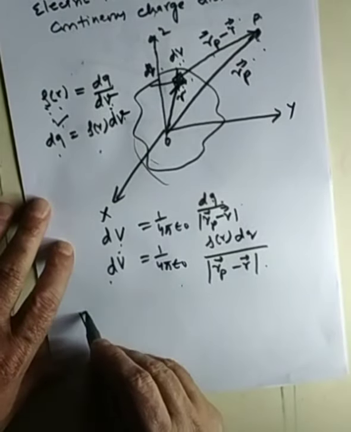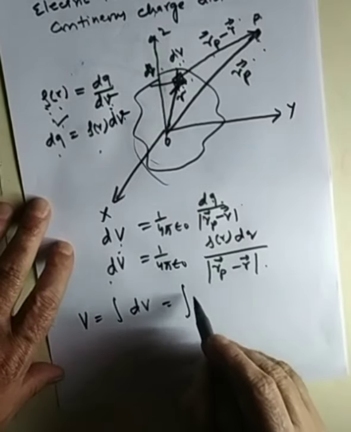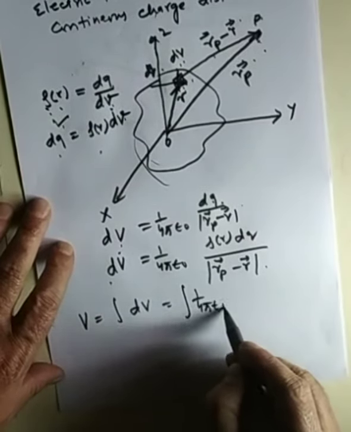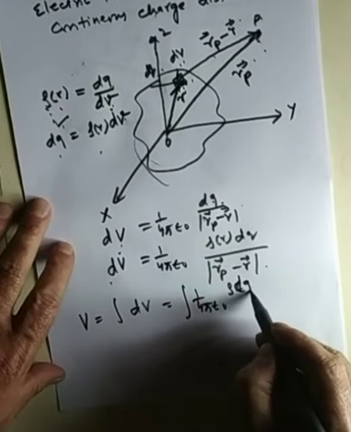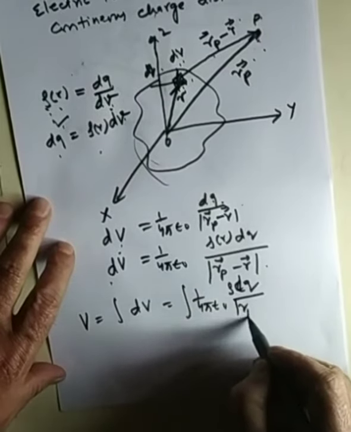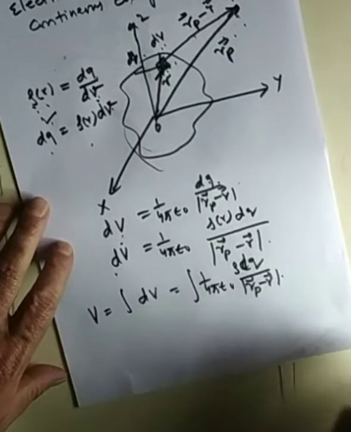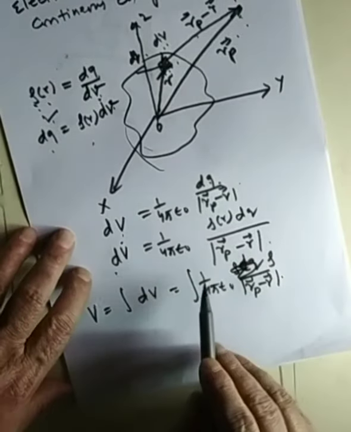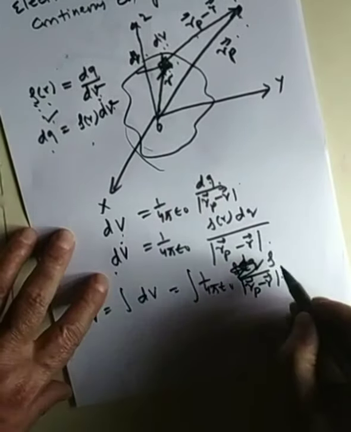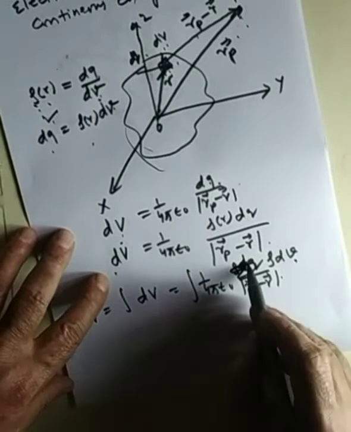So we will integrate it. The total potential V will be the integral of dV, which is equal to the integral of 1 by 4 pi epsilon 0 rho(r) dv divided by |r_p minus r|. Sorry, it is dv, the volume one.